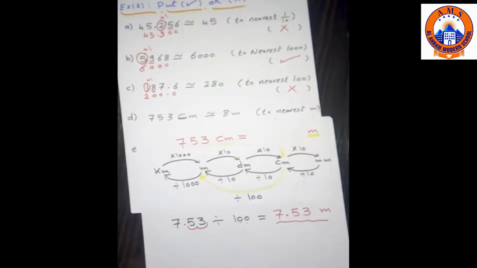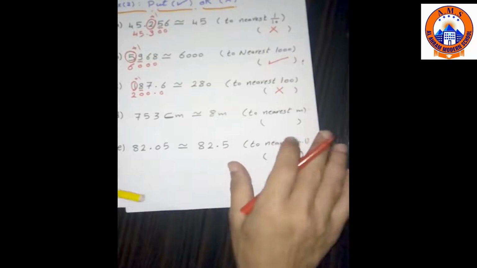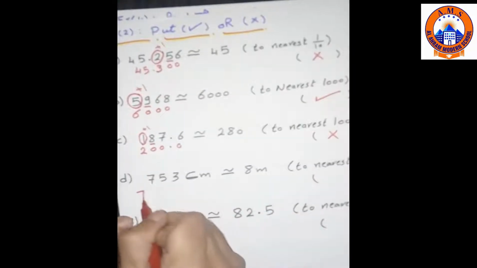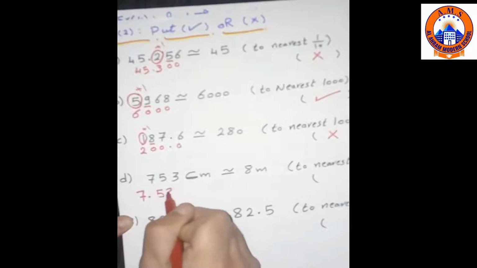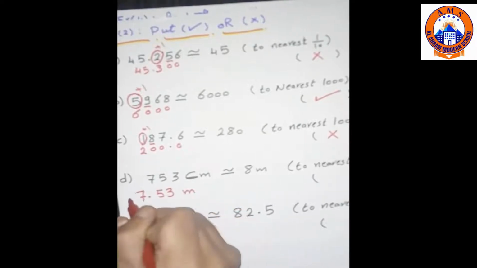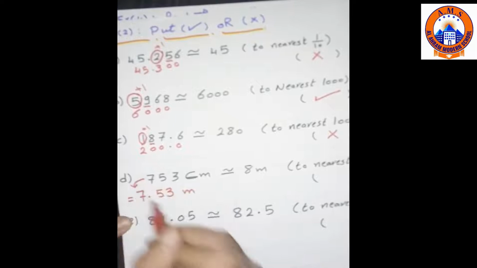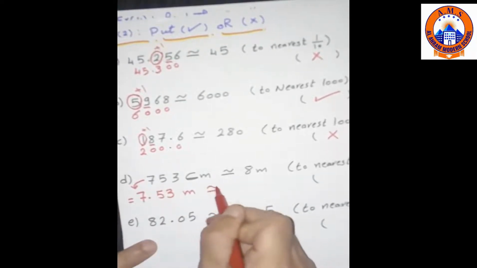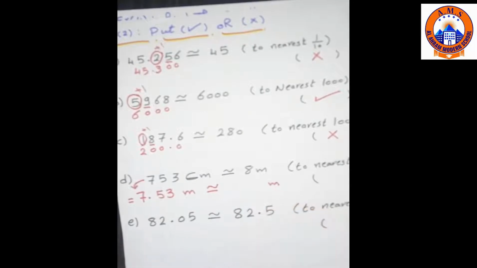Now 753 centimeters equal 7.53 meters. Then we're going to make the approximation. So this value is equal to 7.53 meters, and to approximate it to the nearest meter means to approximate to the nearest unit.